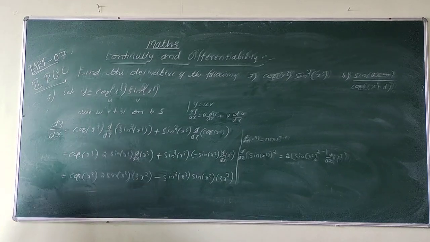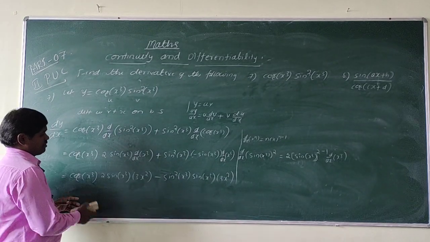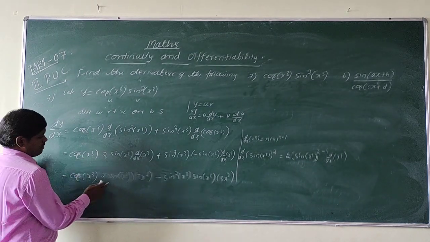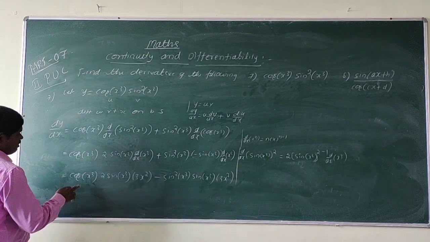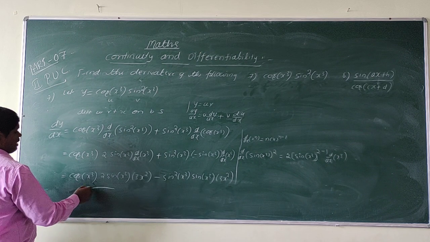Further simplification, if it is possible, do that or keep it as it is. Here if it is possible, we are going to take 3x square outside, and cos x cube is there, no problem, keep it as it is.